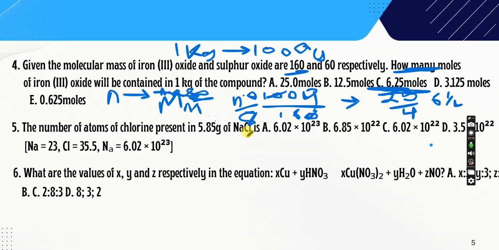The number of atoms of chlorine present in 5.8 gram of sodium chloride is dash. So this particular question is asking for the number of atoms of chlorine.